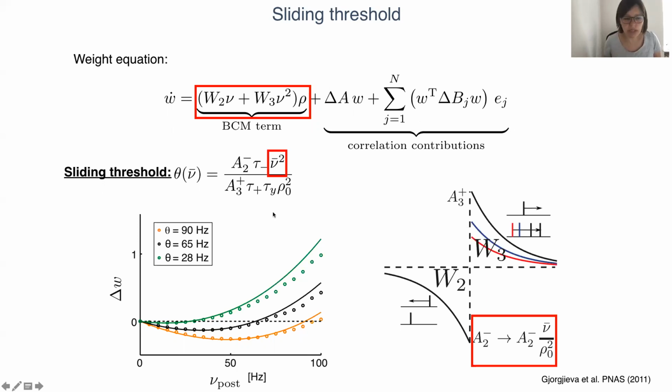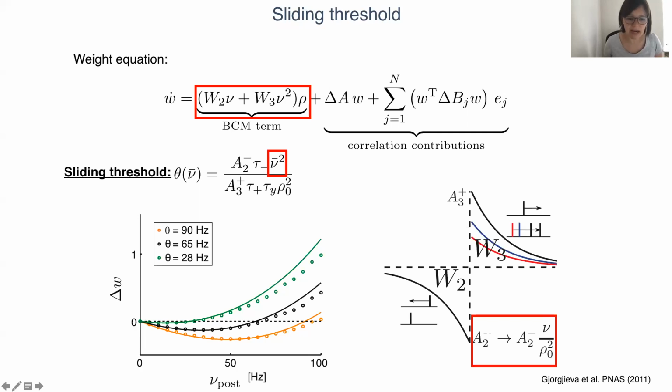The way we do this in the triplet model is we assume that this depression magnitude, originally I called it A minus in the STDP rule, here I call it A2 minus, 2 because it refers to the pair part, is sliding. So we assume that this A2 minus, the maximum amount of depression that you can get when the timing delta t is equal to 0, is not constant, but sliding.